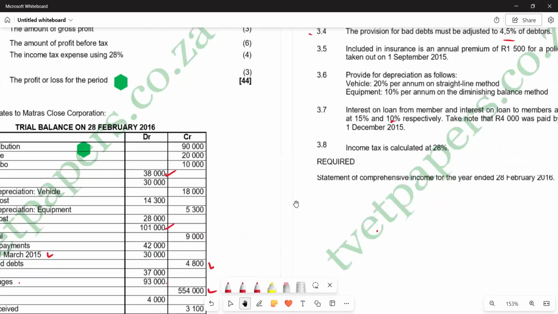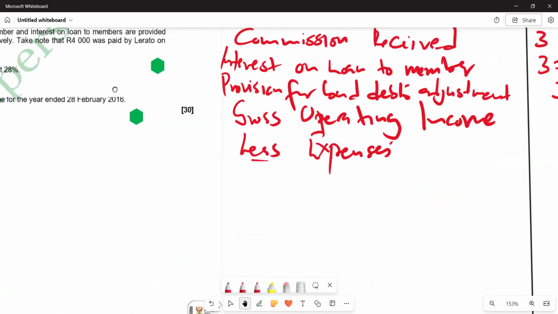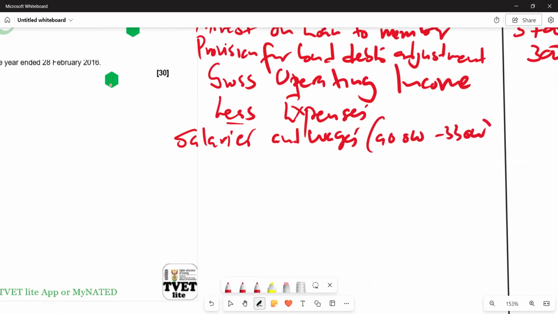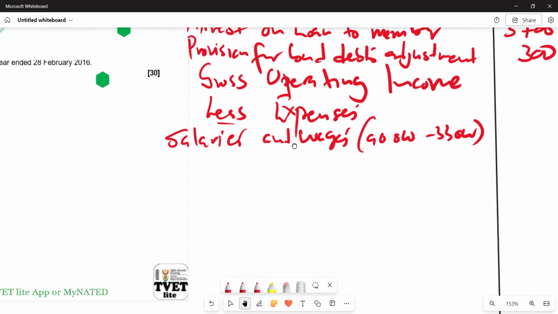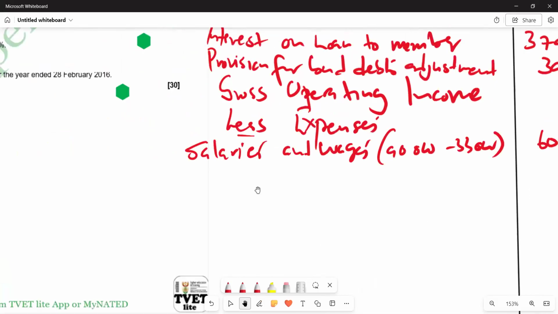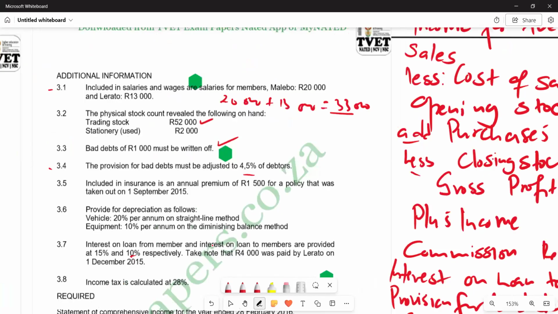So we can go to our answer section and just adjust it as it is. So we are saying salaries and wages. In brackets, we're saying 93,000 minus 33,000. And then if you calculate it as it is, we are going to get 60,000. And then obviously these are being allocated to Malebo 20,000 and Renato 13,000.